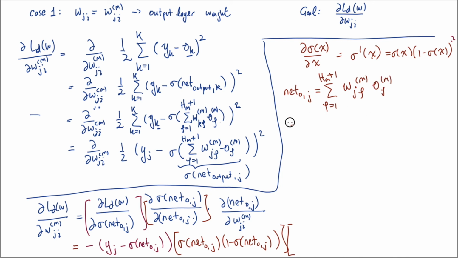So if we expand the sum, it's going to be w_j1^m o_1^m plus w_j2^m o_2^m, plus, all the way up to w_j,h_m+1 o_h_m+1.